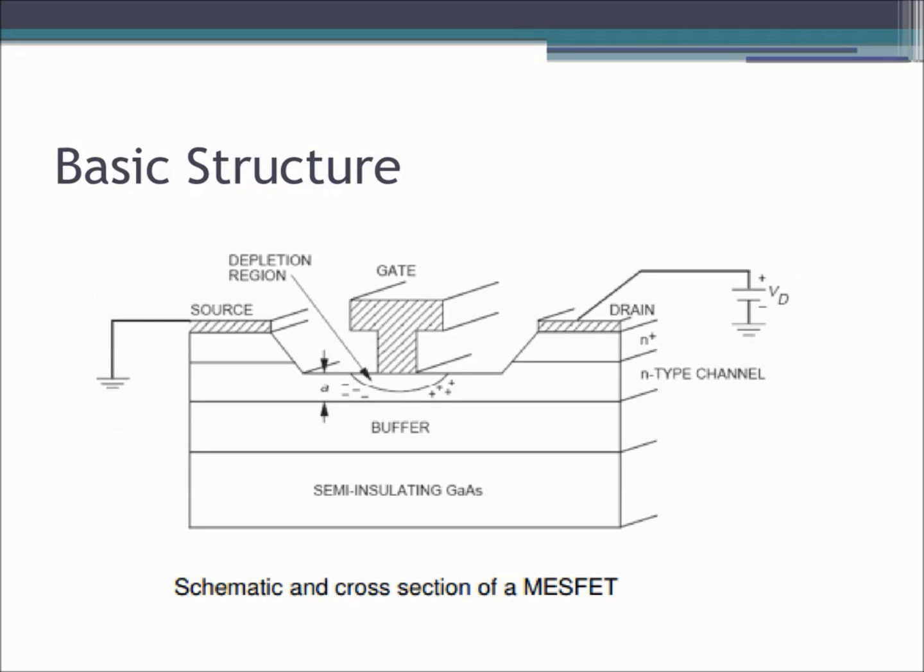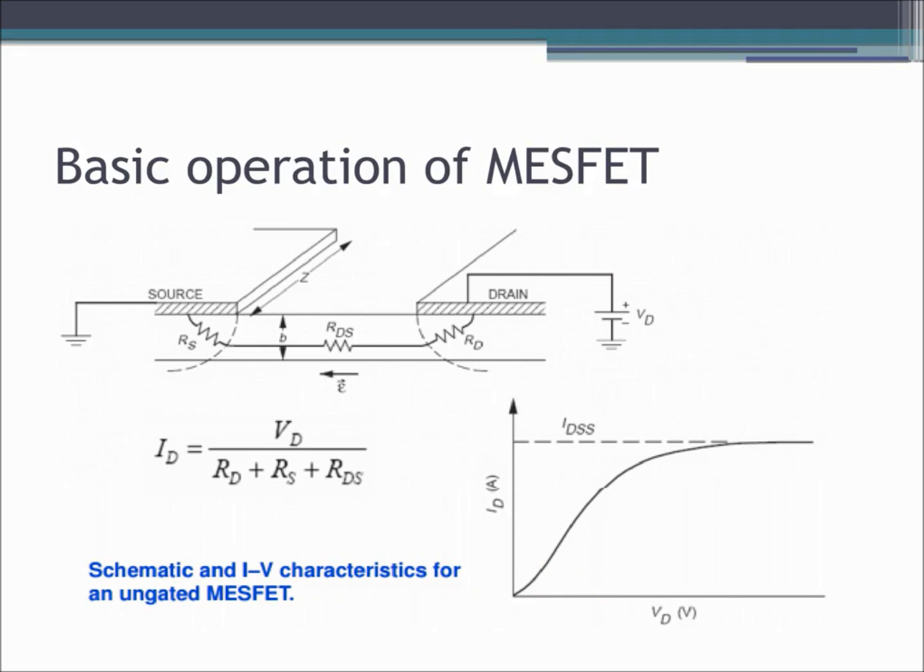So now I will talk about the basic operation of MESFETs. The basic operation of a MESFET is easily understood by first considering the IV characteristics of the device without the gate contact.